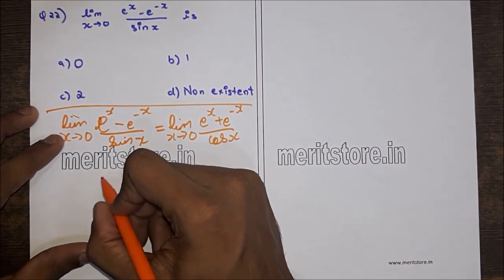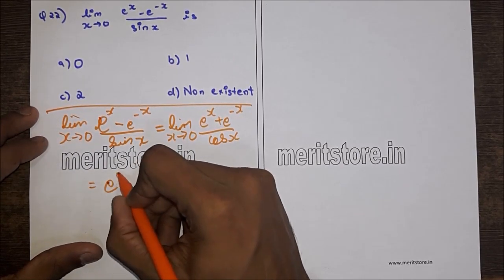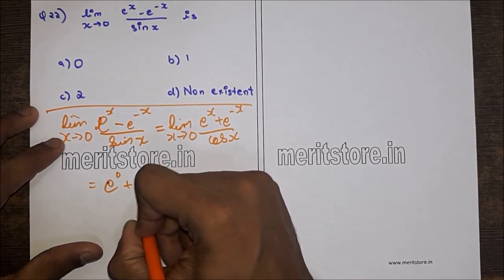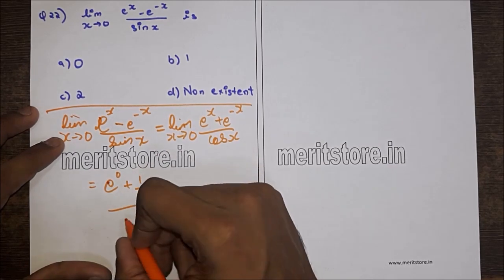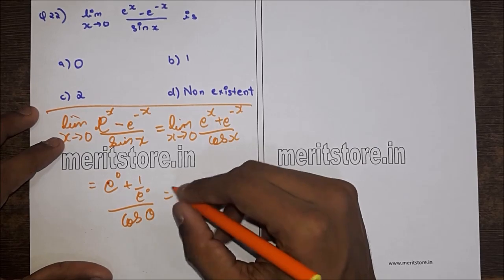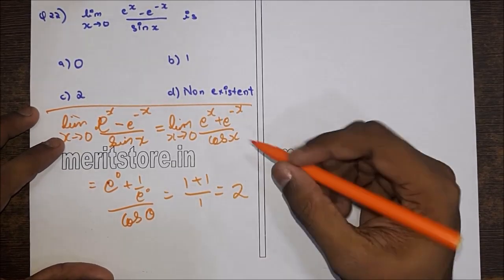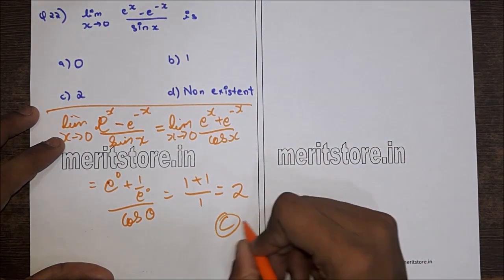On applying the limit, we get (e^0 + 1/e^0) upon cos of 0. All these terms equal 1, so we get (1 + 1)/1, which is equal to 2, which is option C.